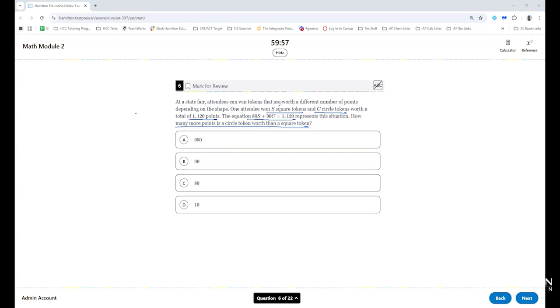If there are S square tokens, then there must be 80 points per S token based on the equation. And for circle, it's 90 per circle token. And the question is, how many more points is the circle token worth than the square? So 90 minus 80 would give us 10. The answer is D.